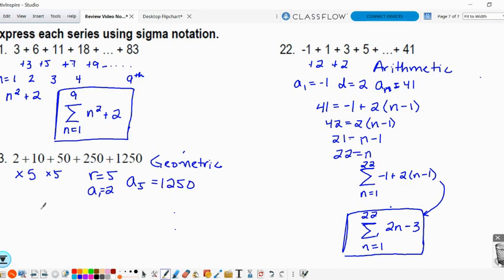So we have everything we need to write our sigma notation, starting with the first term, adding to the 5th. And because this is geometric, we'll just write our geometric rule next to the sigma notation, which is our first term, times the common ratio to the power of n minus 1. And those are our series, sums, and sigma notation problems.